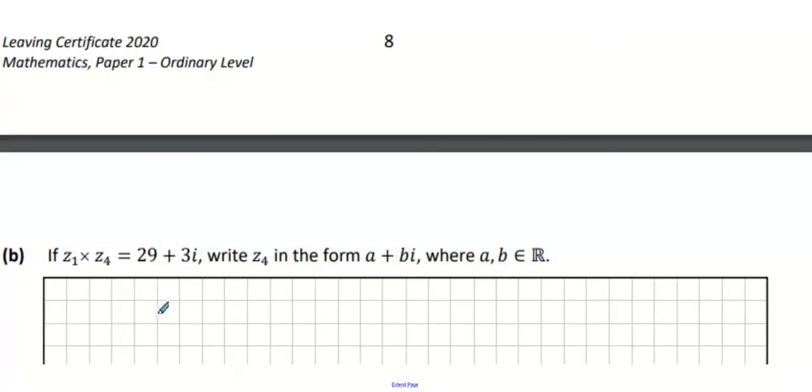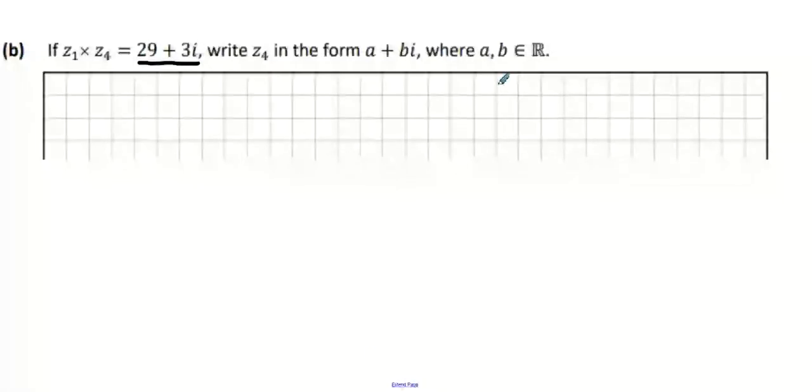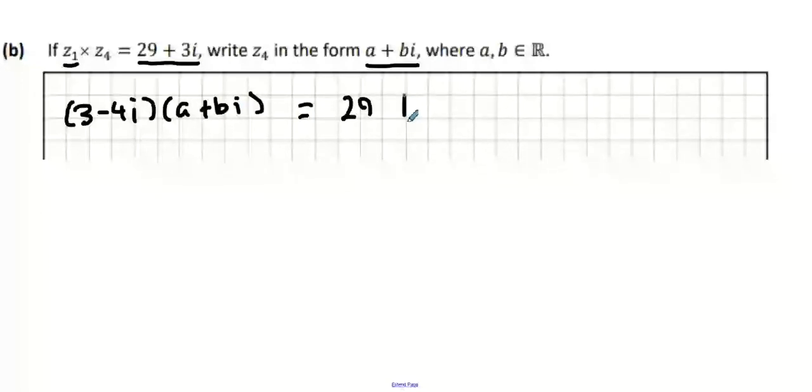Now, next one. If Z1 multiplied by Z4 is 29 plus 3i, okay, so there's two ways of doing this. Z4 is a plus bi, and Z1 is 3 minus 4i, so it's 3 minus 4i times a plus bi, and that equals 29 plus 3i.